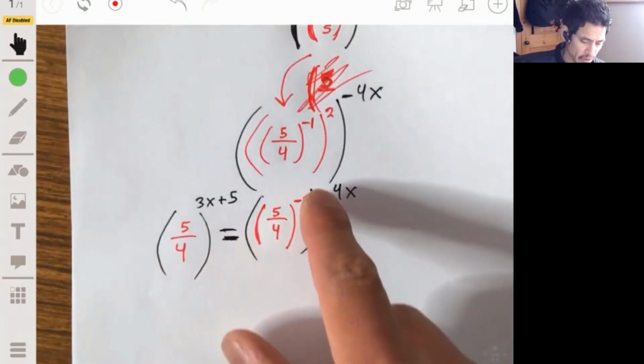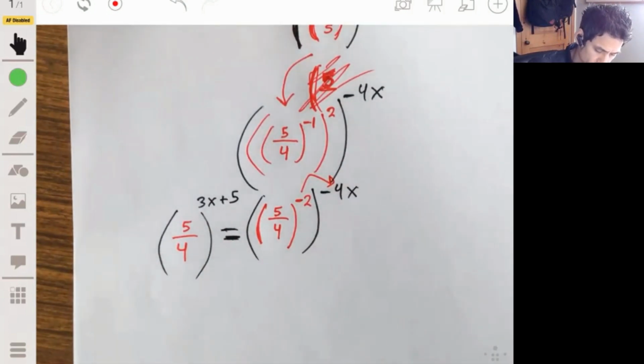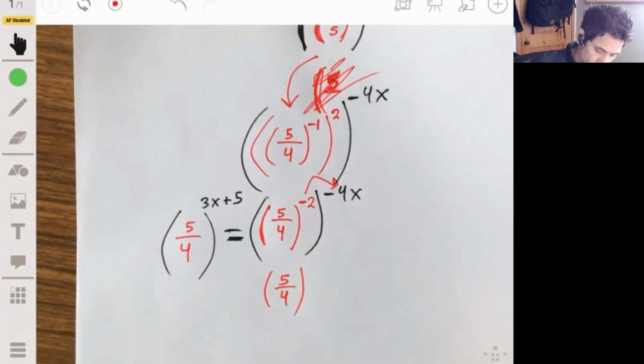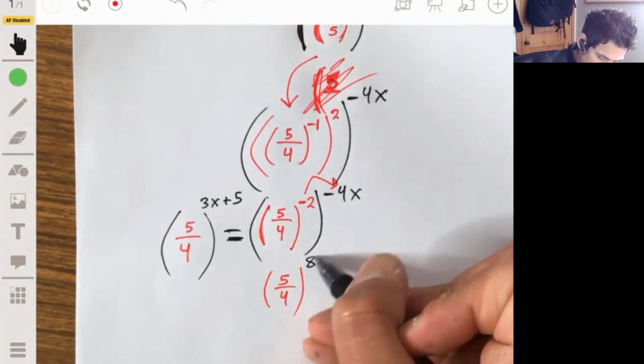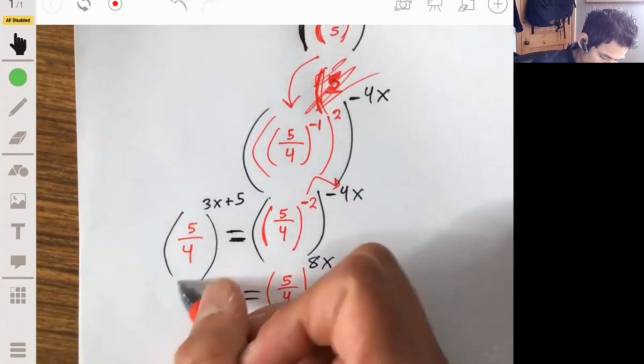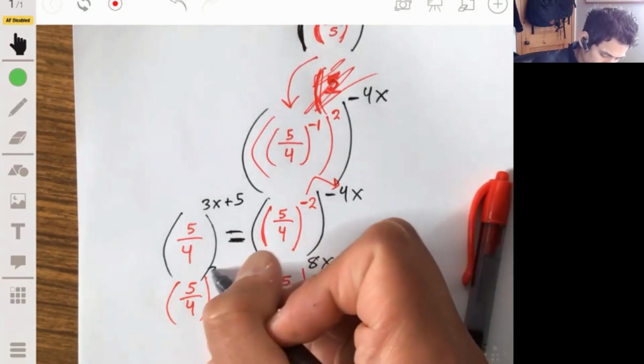And then all we have to do now is make sure we distribute this negative 2 to the negative 4x. So then we get 5/4 to the 8x is equal to 5/4 to the 3x plus 5.